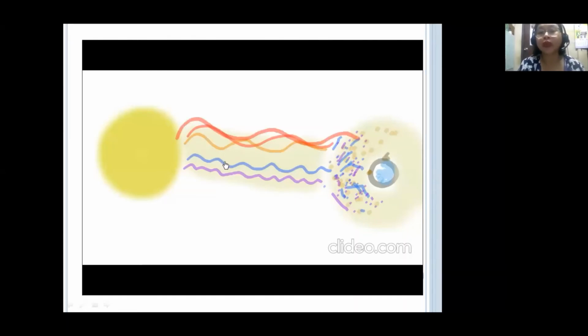Because blue and violet are already scattered, only red, orange, and yellow reach you. For example, this is you at sunset, the Earth has moved. So only these reach us. So what we mostly see is red, orange, and yellow.